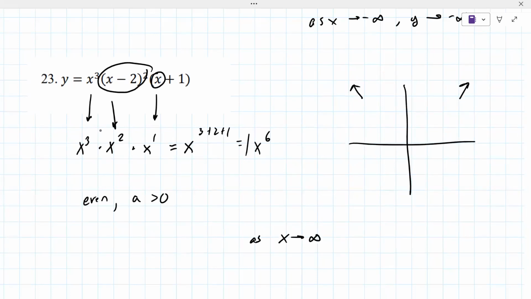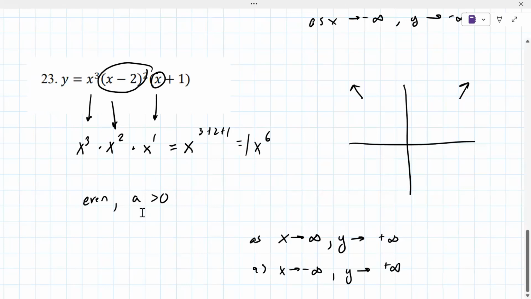As x goes to infinity, what happens to y? If x goes to infinity, y goes to positive infinity. And as x goes to negative infinity, y would go to positive infinity.